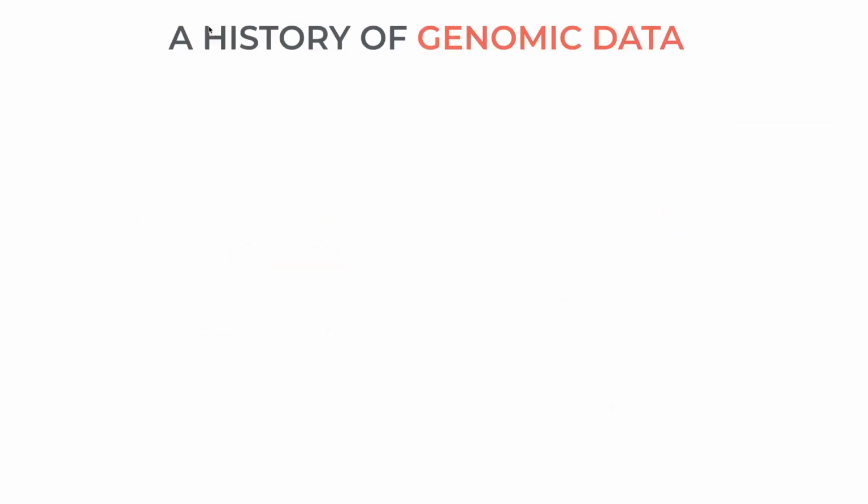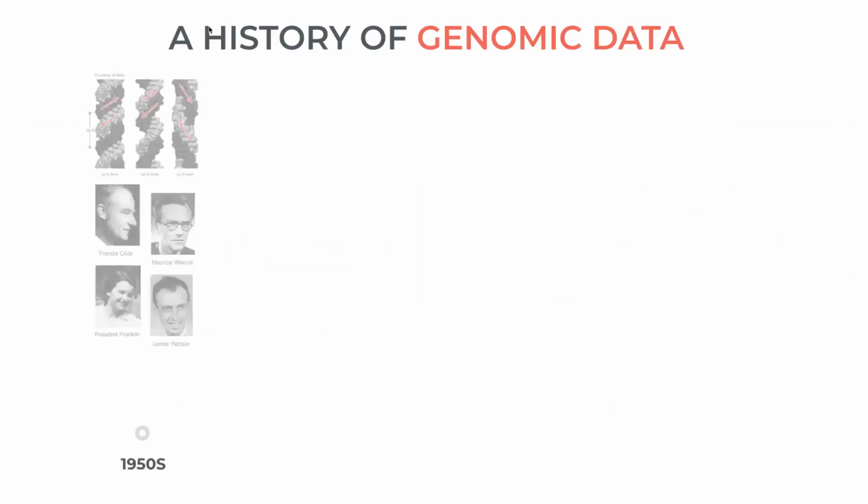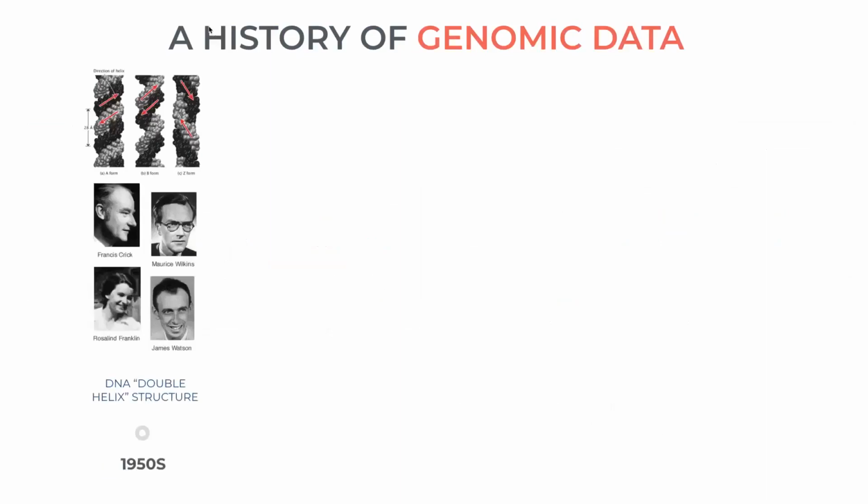You're probably familiar with this, but just to give you an overview, genomic data is something that has been available only recently. And how did we get to this point? In the 1950s, the DNA structure was discovered.